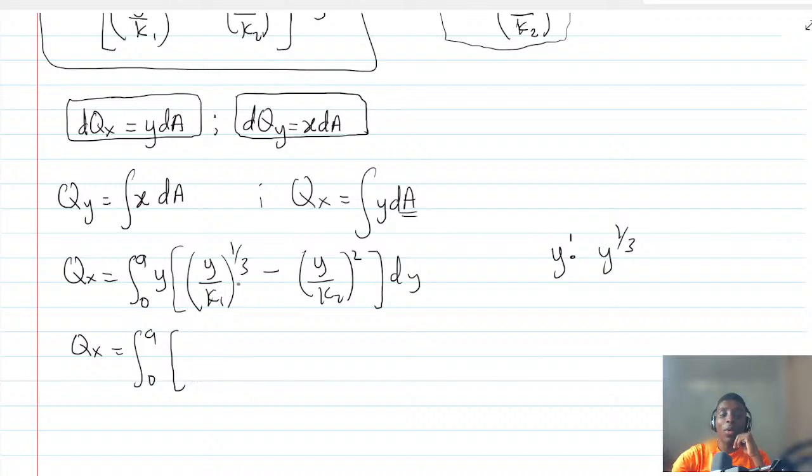I want to take this one out, but I know that y will be to the power 1/3. So basically this one will be 1 over k1, and then the 1/3 will come and take it. But the y here will multiply the y outside, so that we get y.